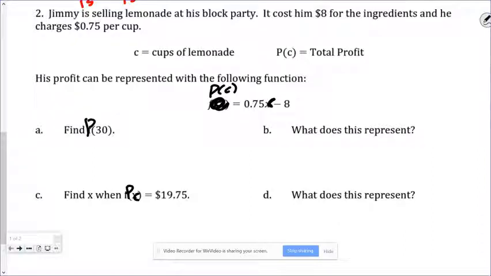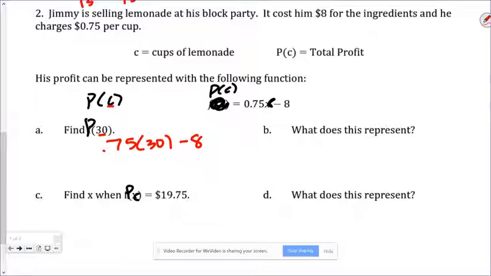All right. Okay, so part A, P of 30. So 30 is where the C is. You look here. Okay, so I'm plugging in 30 for C on this right side here. So I have 0.75 times 30, and then minus 8. Okay, and then I'll equal that to P of 30.